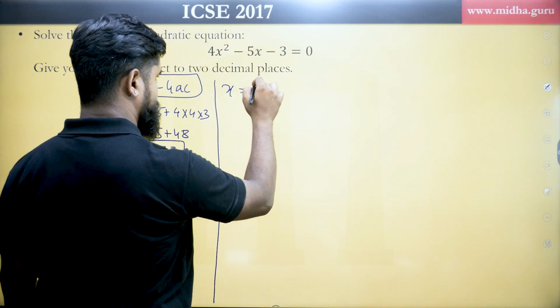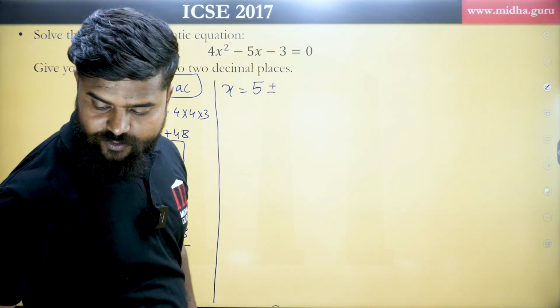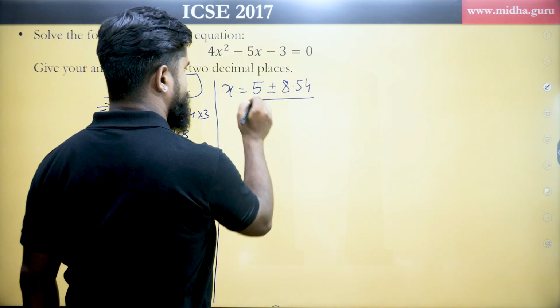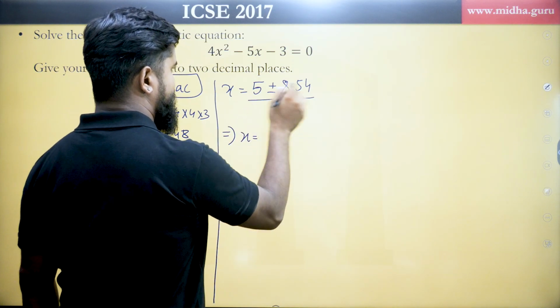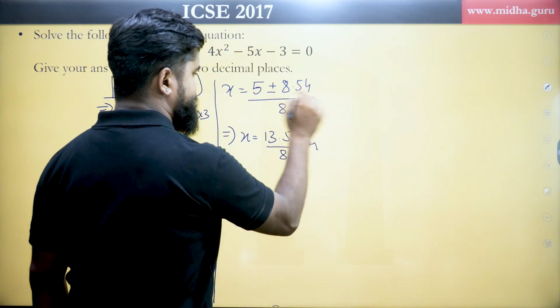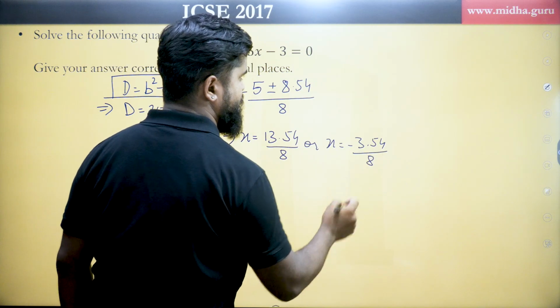So x is equal to 5 plus or minus, again for 73 I go back to the square root tables, I get it is 8.54 divided by 8. So on adding we get 13.54 by 8, and on subtracting we get minus 3.54 by 8.